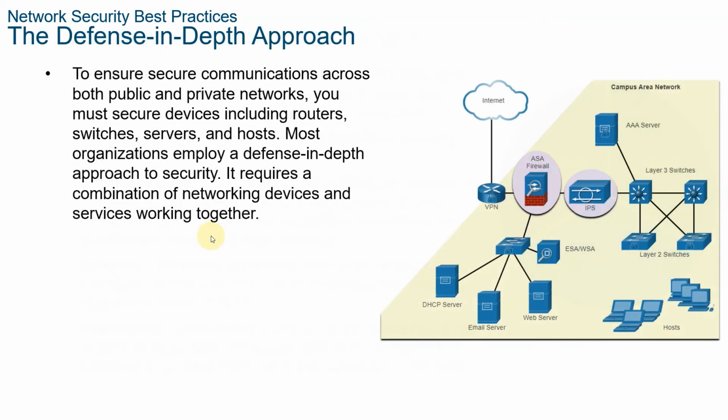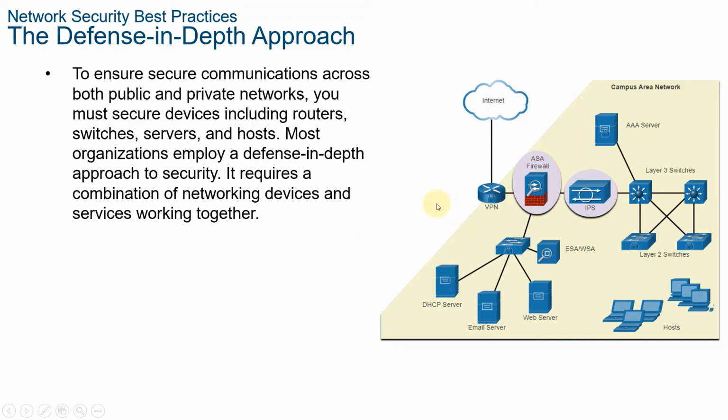Okay, so how about the defense-in-depth approach? To ensure secure communication across both private and public networks, you must secure devices including routers, switches, servers, and hosts. This is also known as the layered approach.